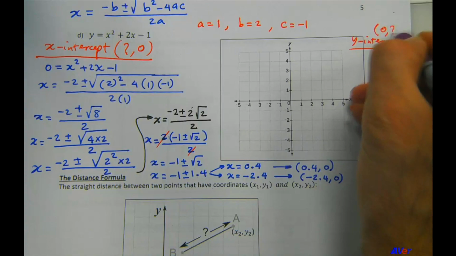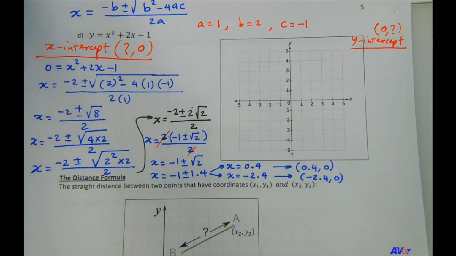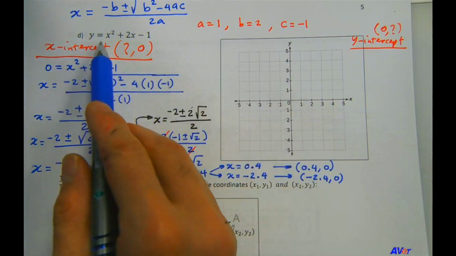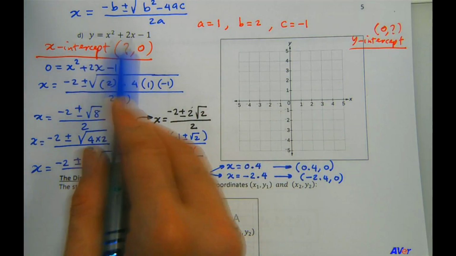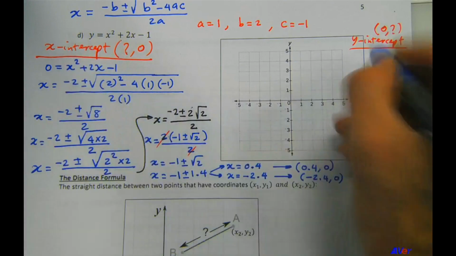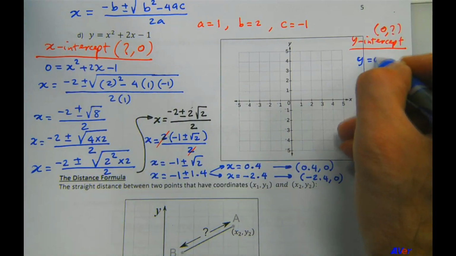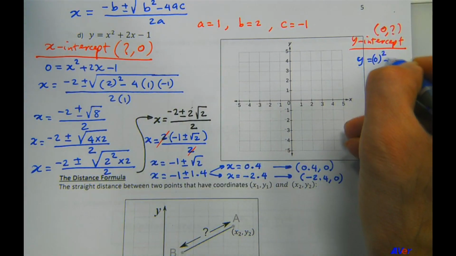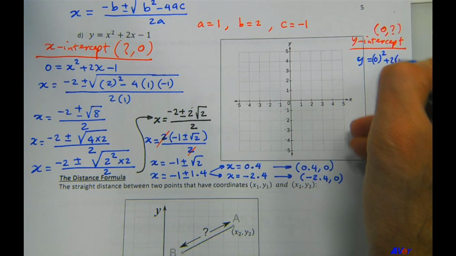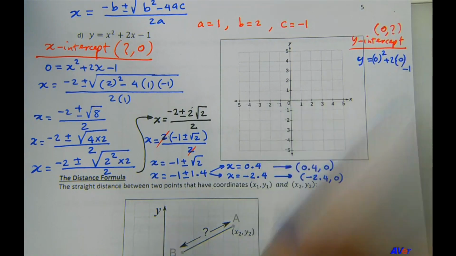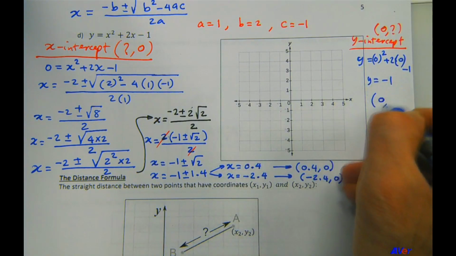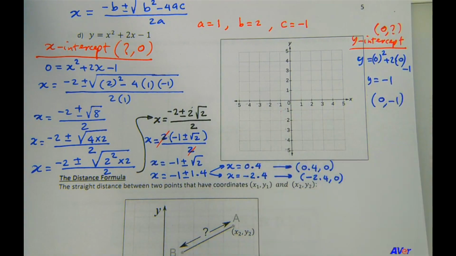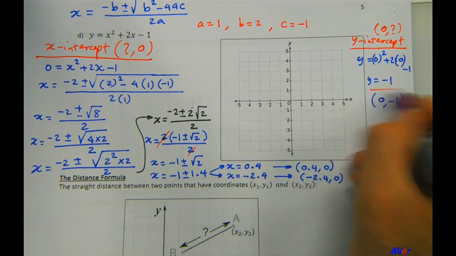X is 0 and we need to calculate the y, right? So in our equation here, let's substitute for x with 0 and find what y is. Y equals 0 squared plus 2 times 0 minus 1, right? So we get y equals minus 1. So the y-intercept is 0 comma negative 1. So this is our y-intercept.